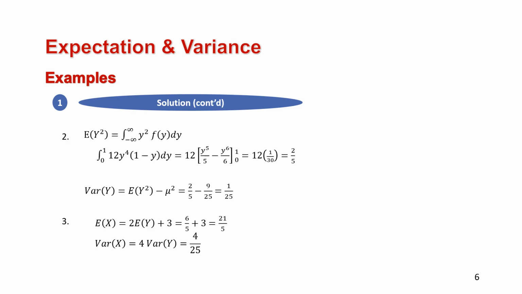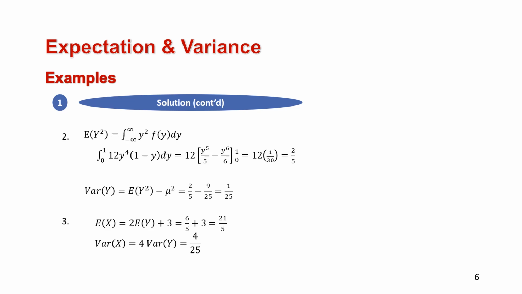Let's complete this example. To find the variance of y, we should find the expected value of y squared first. How can we find the expected value of y squared? It's equivalent to the integration from negative infinity to infinity of y squared f of y dy, which is given, in this example, by the integration from 0 to 1 of the function itself, the PDF, times y squared.